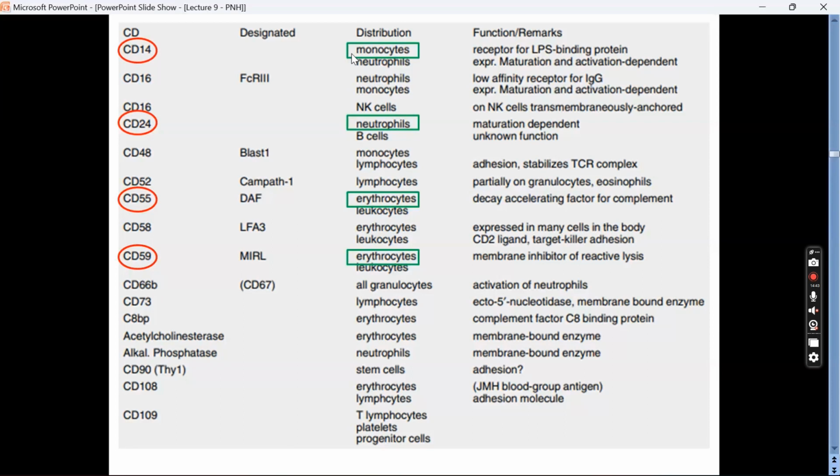In neutrophils of a PNH patient, CD24 will be lost or downregulated. Similarly, for erythrocytes, we use CD55 and CD59. But I insist again that there are multiple other GPI linked proteins which we are not using in flow cytometry, some of which I have shown you in this particular list.